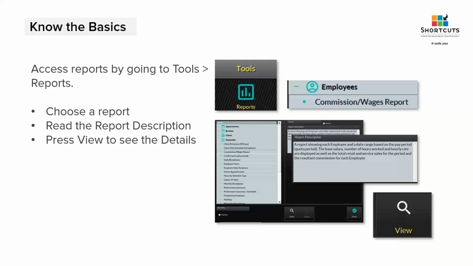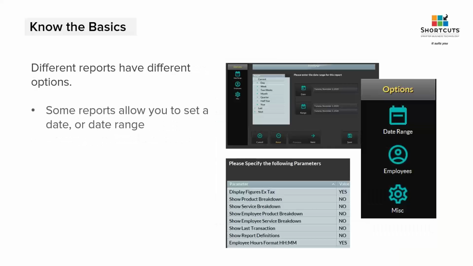And in the event of some locations where you offer them hourly and commission, Shortcuts will also give you a total for that. So for businesses, usually the most important report for your staff is under Employees, Commission/Wages report.